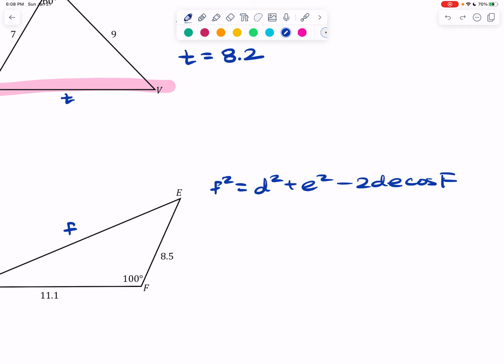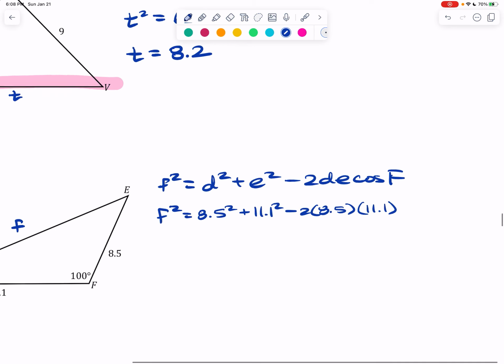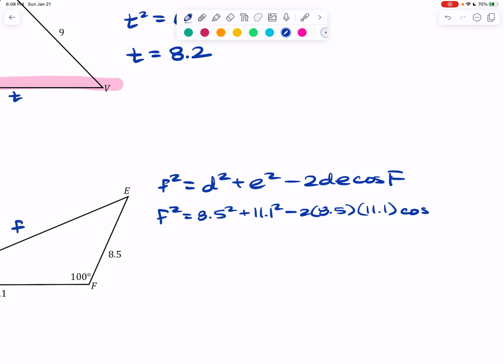And then filling in what we know. F squared is 8.5 squared plus 11.1 squared minus 2 times 8.5 times 11.1 times cosine of 100 degrees.